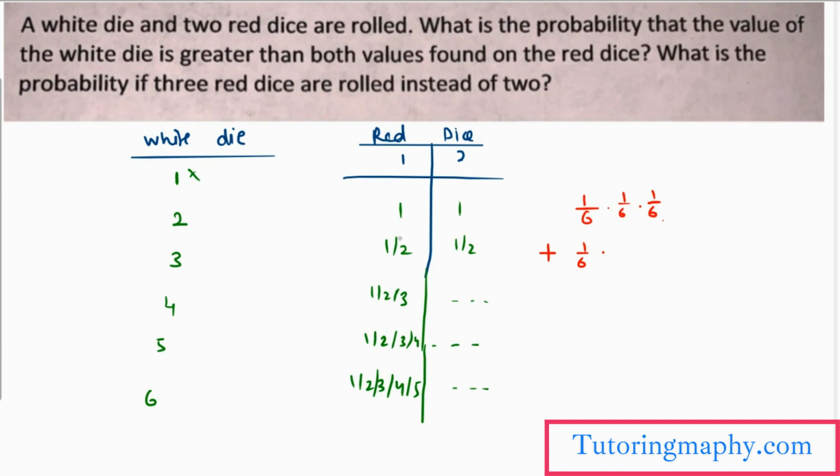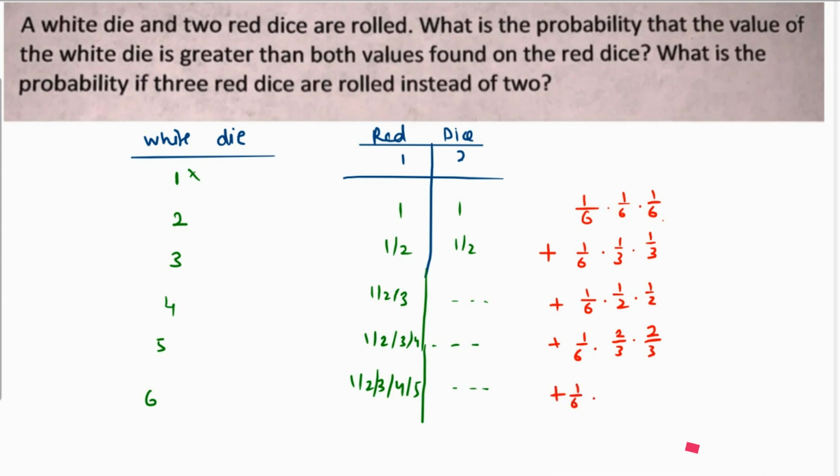The probability that this one rolls either 1 or 2 is 1 over 3, and the probability that this one rolls either 1 or 2 is also 1 over 3, and so on. We keep on adding this, so this will be now 1 over 2 times 1 over 2. This will be now 4 over 6, which is 2 over 3 times 2 over 3, and finally this will be 5 over 6 times 5 over 6.